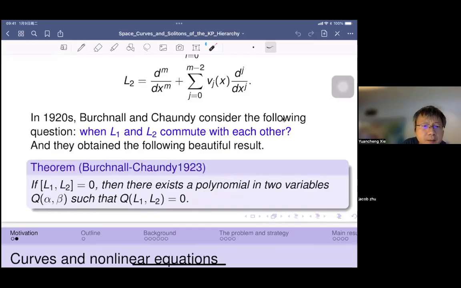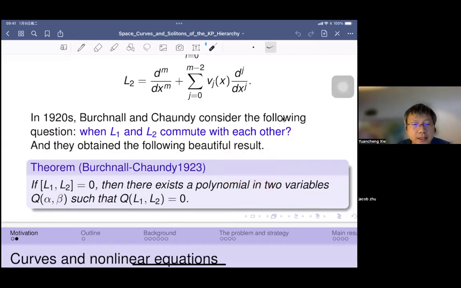Actually, this alpha and beta are nothing but the spectra of L1 and L2. That means we have L1 psi equals alpha psi and L2 psi equals beta psi. So when they commute, they have to have common eigenvectors, but they can have different eigenvalues.